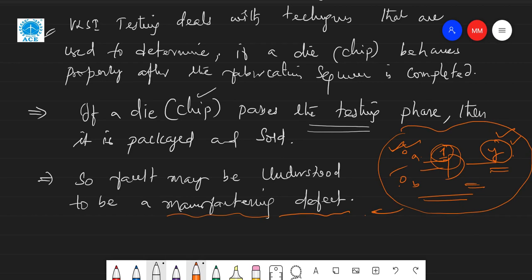After completion of manufacturing and fabrication, if the output for an input differs, then automatically this is a defect of manufacturing. So after manufacturing, if it is a defect, then this will be almost a damaged one. So we need to design another one and send it to the manufacturer.